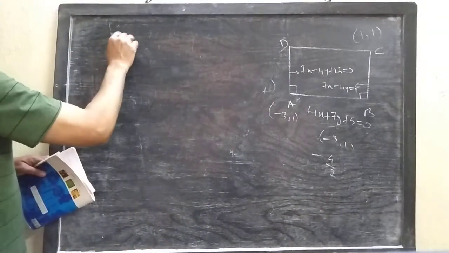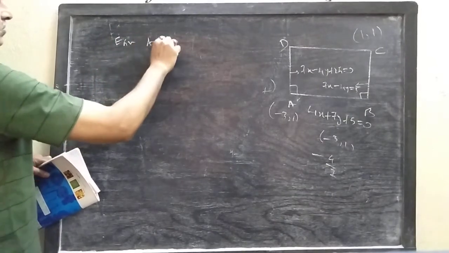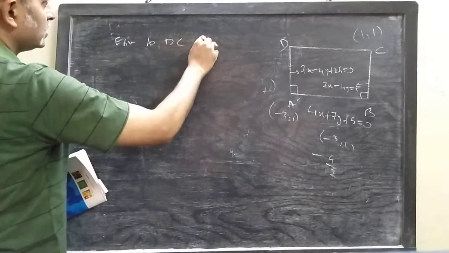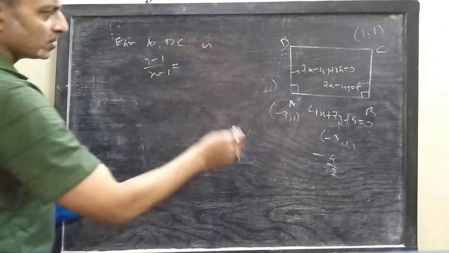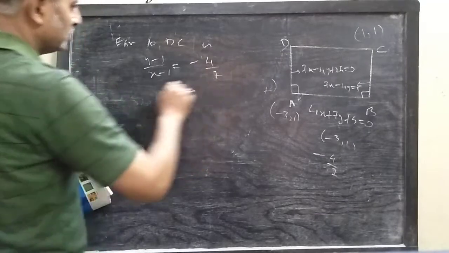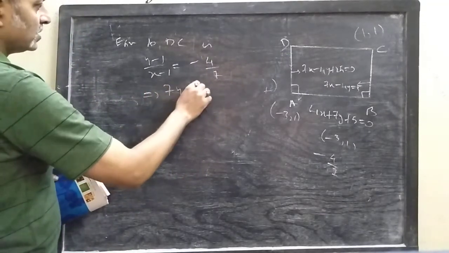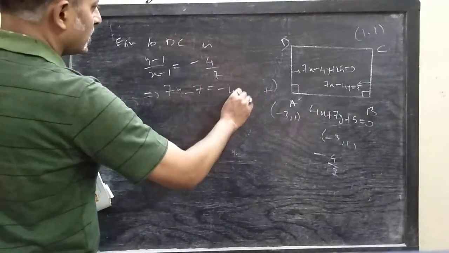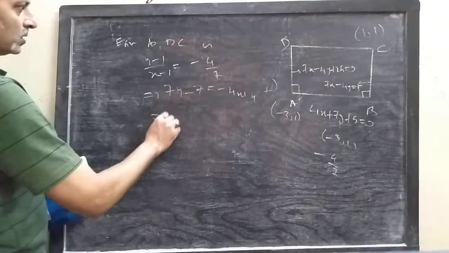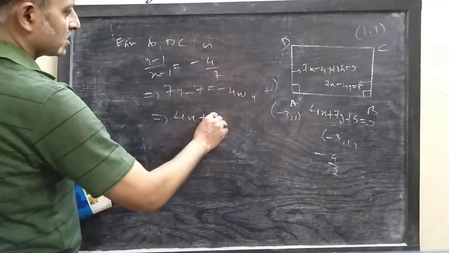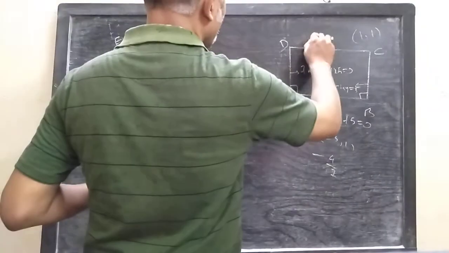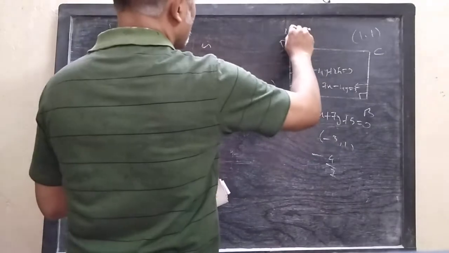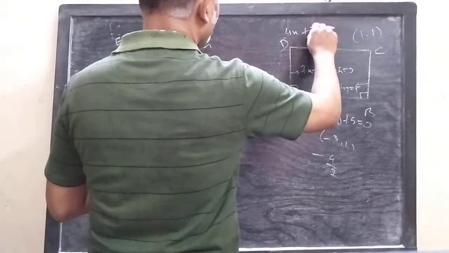So the equation of BC is (y minus 1)/(x minus 1) equals minus 4/7. Simplify it: 7y minus 7 equals minus 4x plus 4. So you get 4x plus 7y equals 11. The equation of the side BC is 4x plus 7y equals 11.